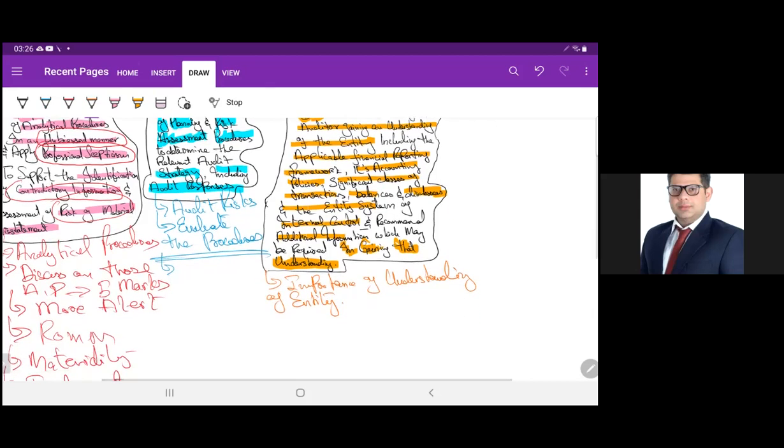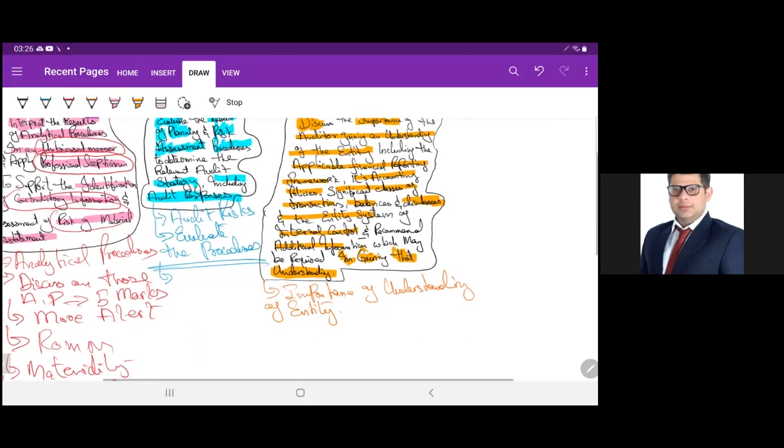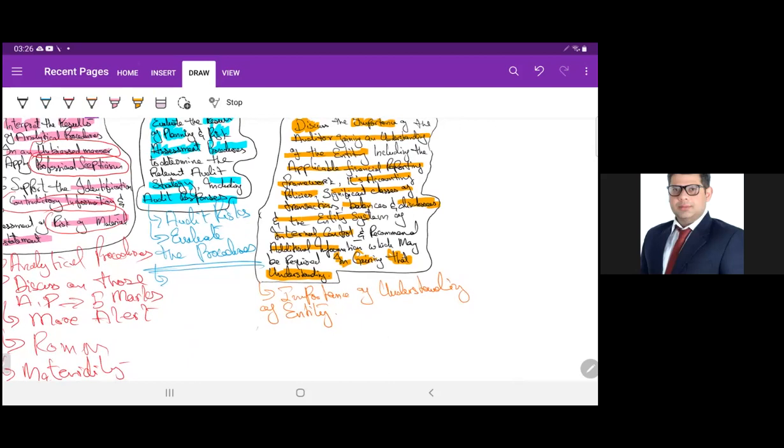Number two, including the applicable financial framework, that is IFRS, for example. Now, what is the importance of those? Firstly, you will tell about it. You will discuss what the importance of these is.